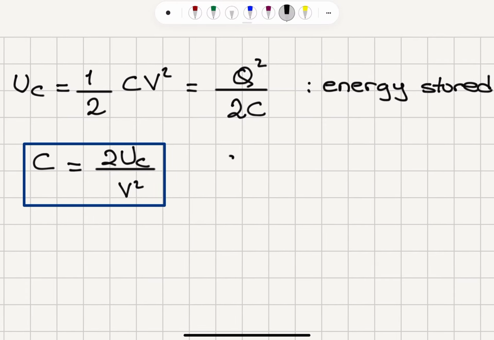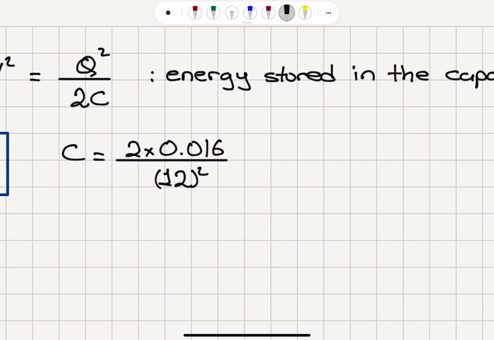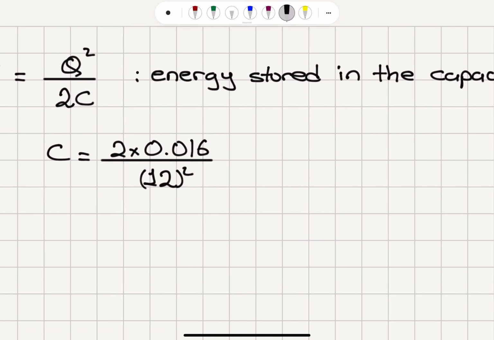And substituting the values here, we have 2 times 0.016 joules of energy stored divided by voltage squared, 12 volts squared. This gives us a capacitance of 223 microfarads.